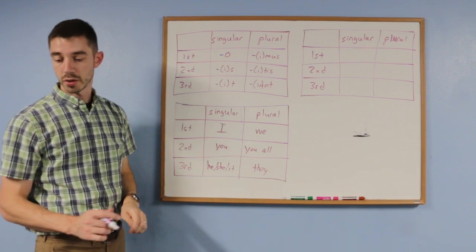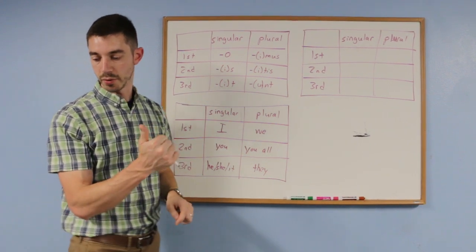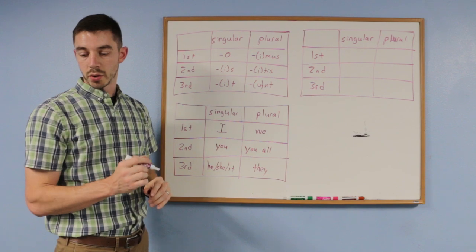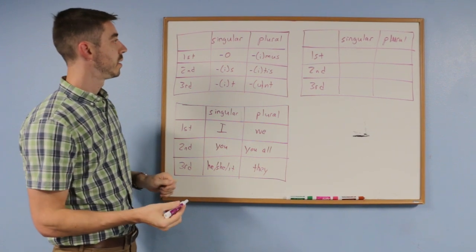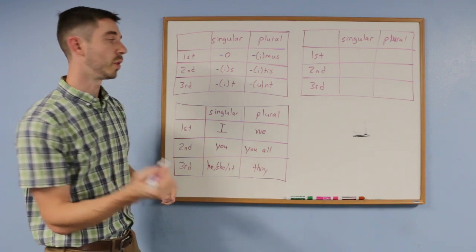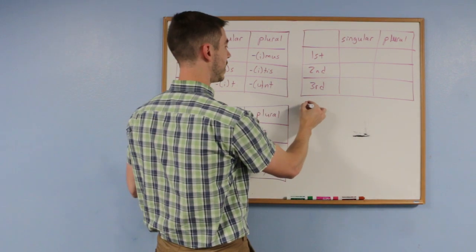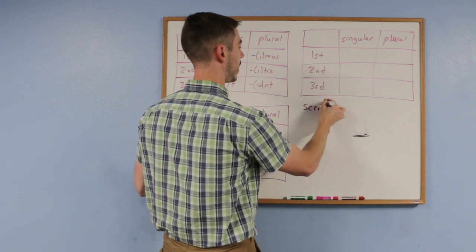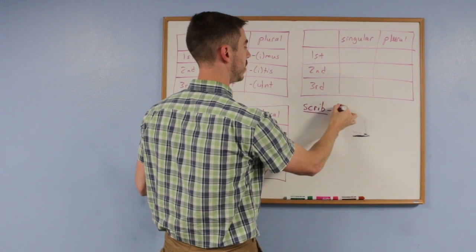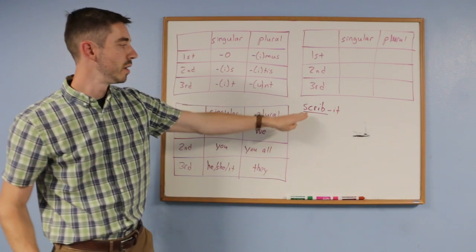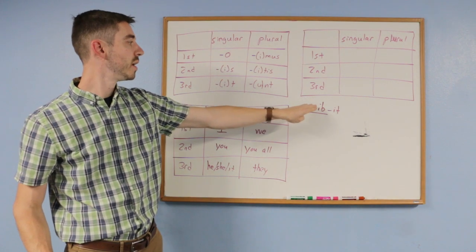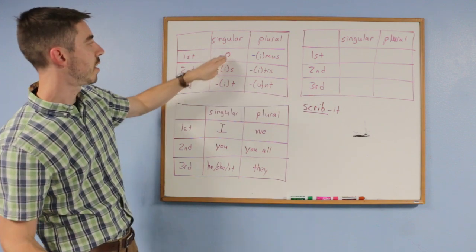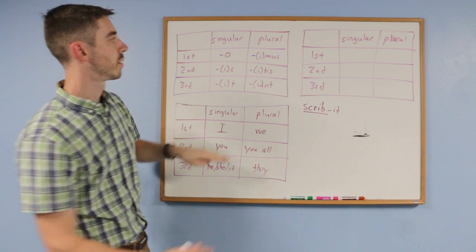All right, so here's the examples that we're going to do. We're going to do scribbit, bibbit, and coppit, okay? So for scribbit, what's the root? We just take off the it, right? So we have scrib, okay? So now we take this stem, I said root, I meant stem, scrib, and we just add all the different endings onto it, okay?